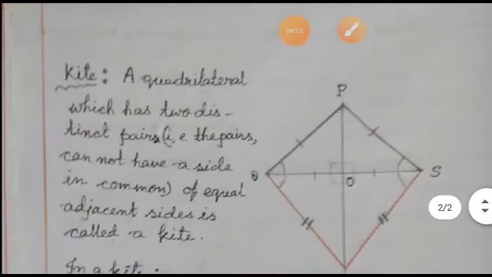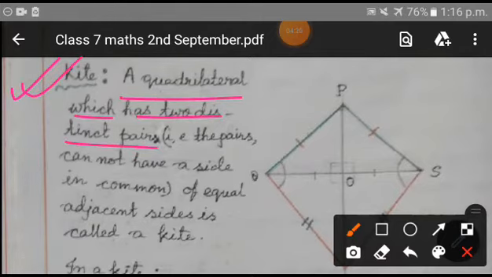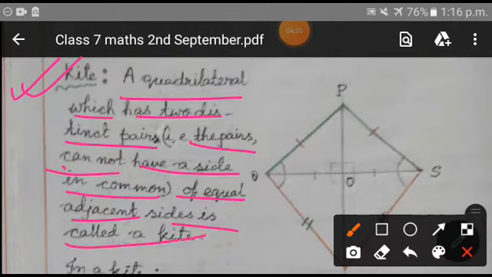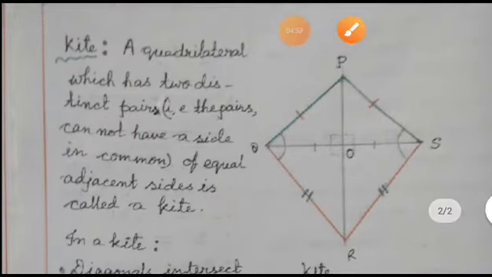Okay children. Now the next quadrilateral we are going to study is kite. What is kite? A quadrilateral which has two distinct pairs of equal adjacent sides is called a kite. Distinct pairs means the pairs cannot have a side in common. Here you can see in the diagram that PQRS is a kite.